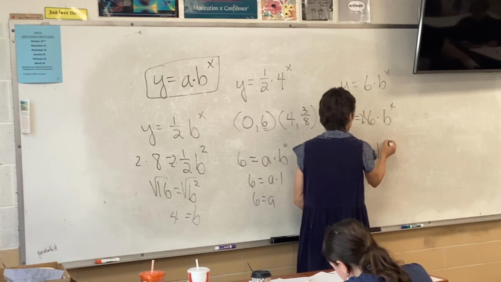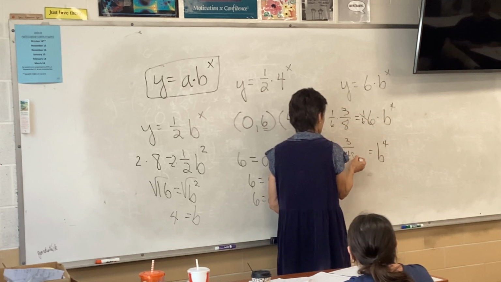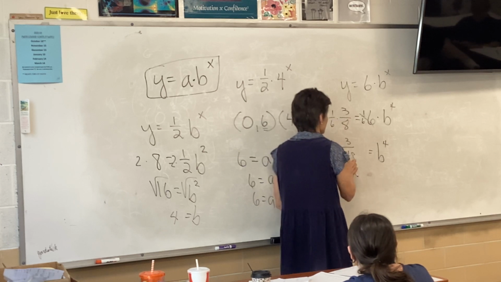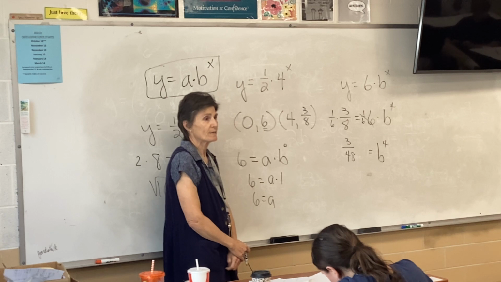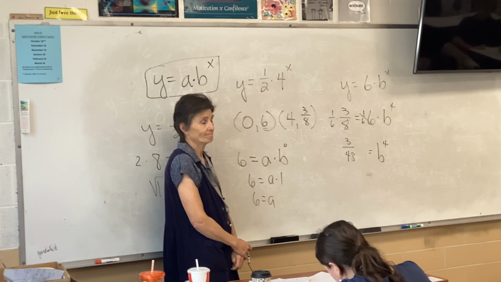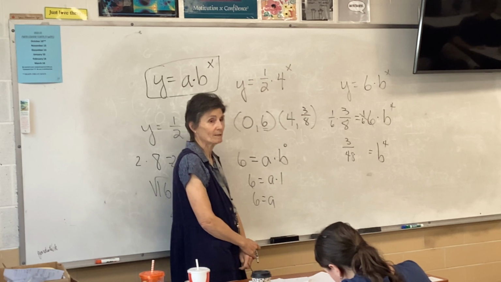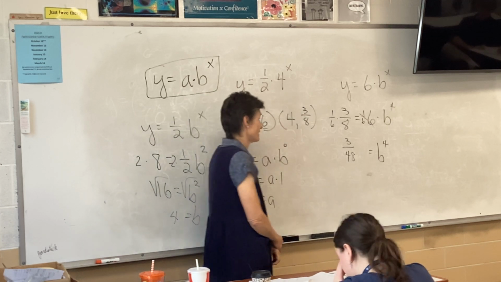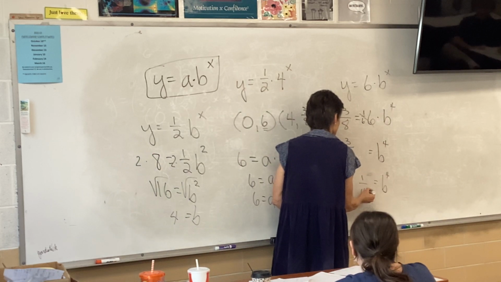So B to the 4th equals 3/48. 1 times 3, 6 times 8. Does 3/48 reduce? How many times does 3 go into 48? 16. So this really says B to the 4th equals 1/16.